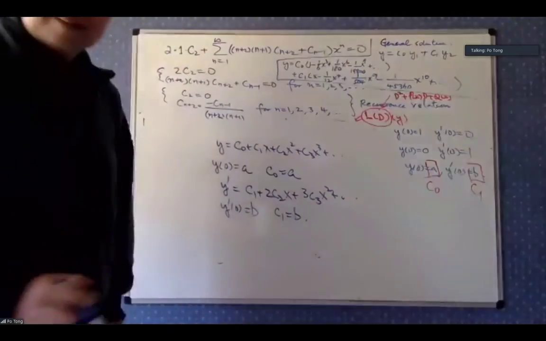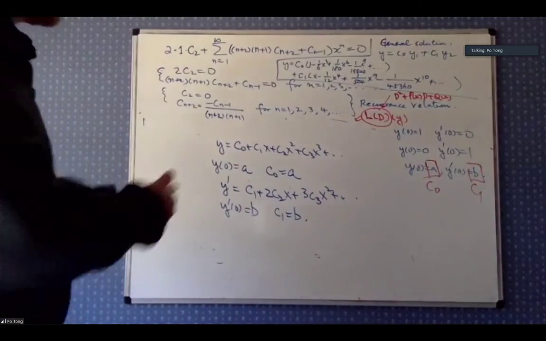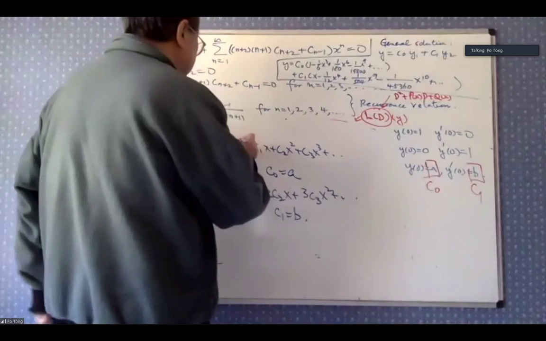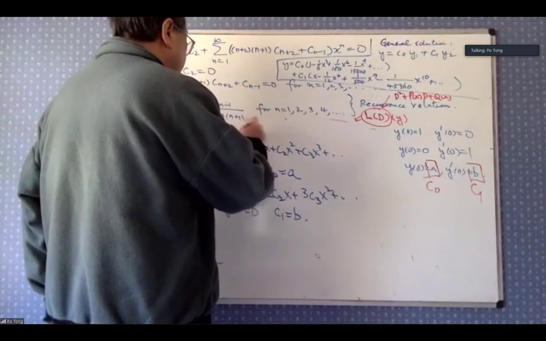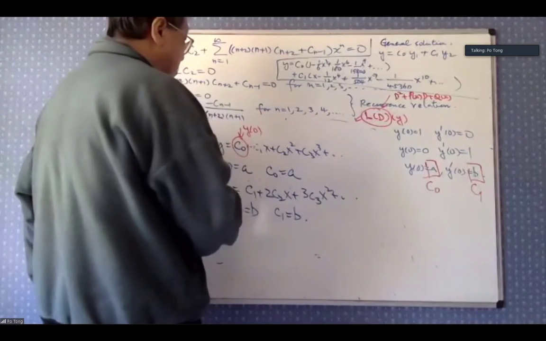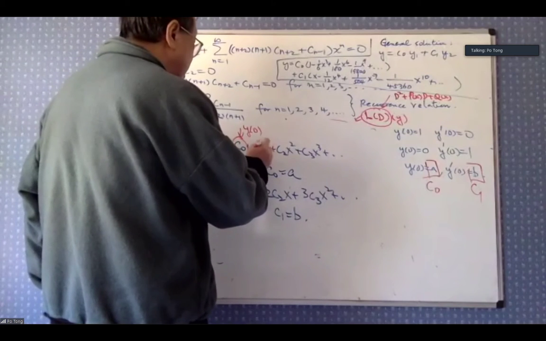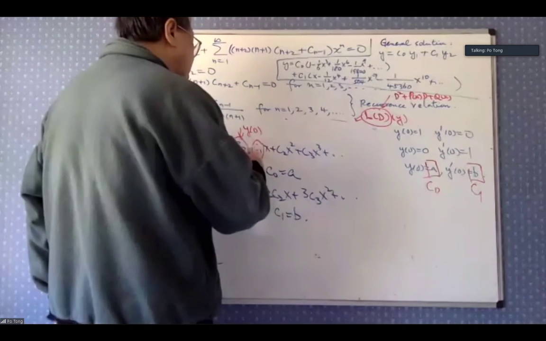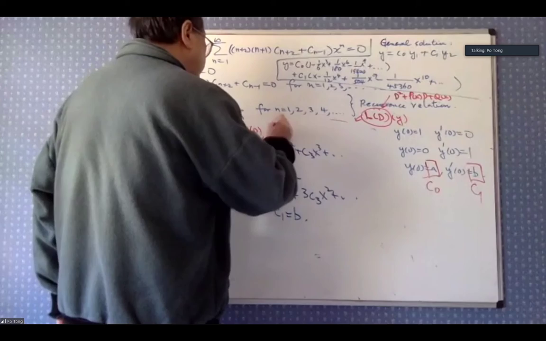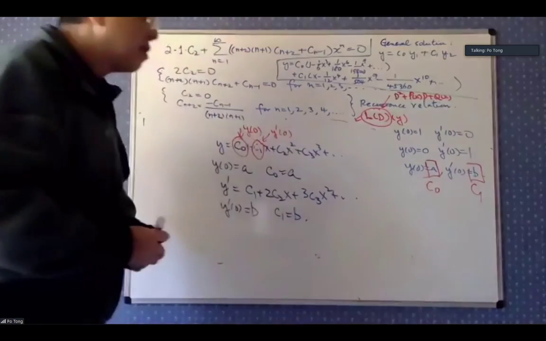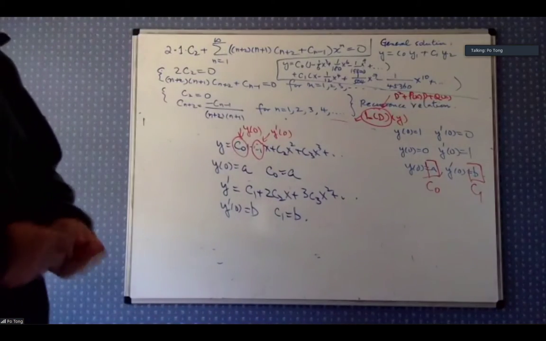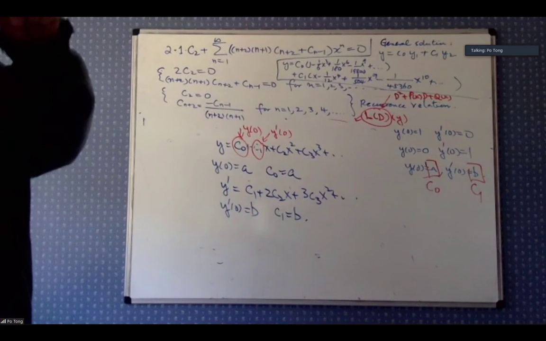So basically what it is saying is that the constant term is y0. The coefficient of x is actually y prime 0. Okay?